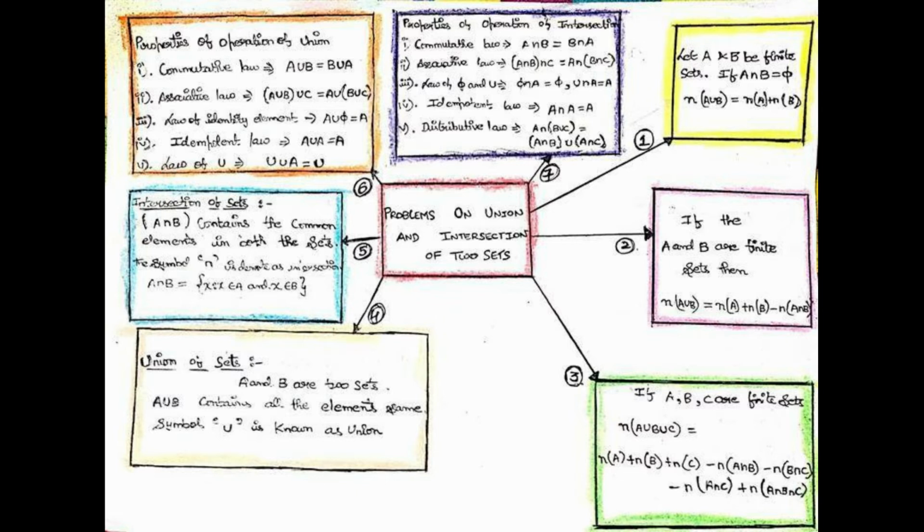Fifth, law of union, that is, universal set union A equals universal set.